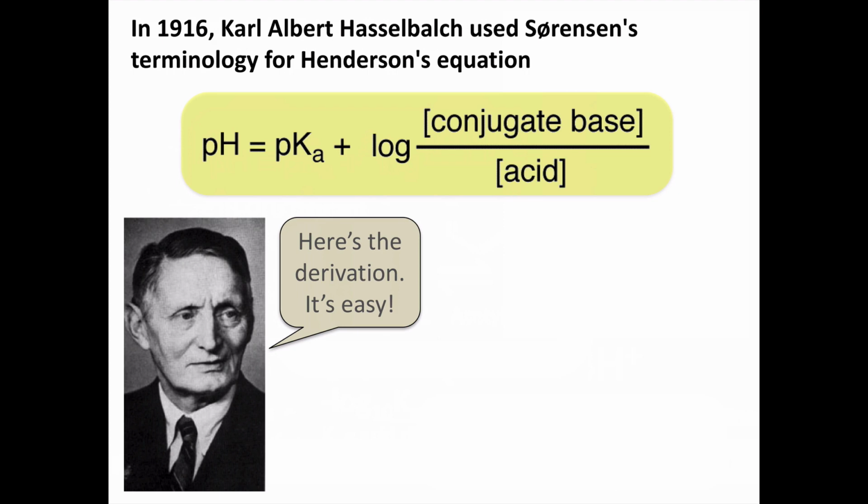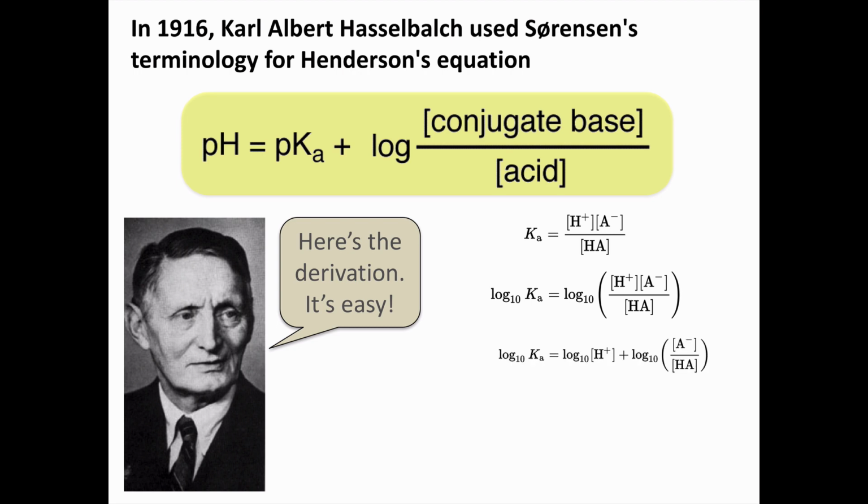So we start with the definition of Ka as H+ times A- divided by HA. Then we take the base 10 logarithm of both sides. Then we slightly rearrange to remove the H+ term. This is the part where you have to remember that adding logarithms is the same as multiplying things together.